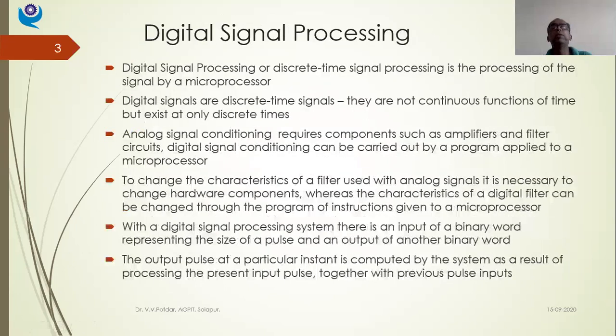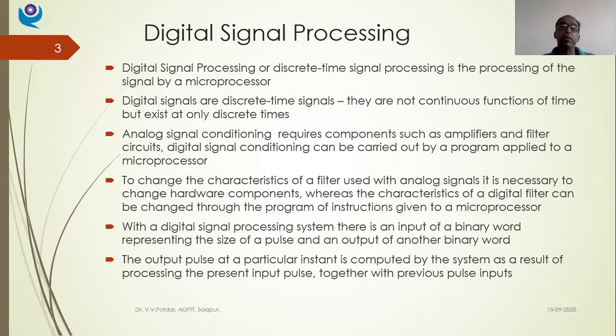Let us go further. Up till now, for the last few lectures, we have seen analog signal conditioning. We'll see some of the aspects of digital signal processing. Now, digital signal processing or discrete time signal processing is the processing of the signal by a microprocessor. Earlier in analog signal conditioning, your amplifiers, filters, ADCs were doing the signal conditioning work.